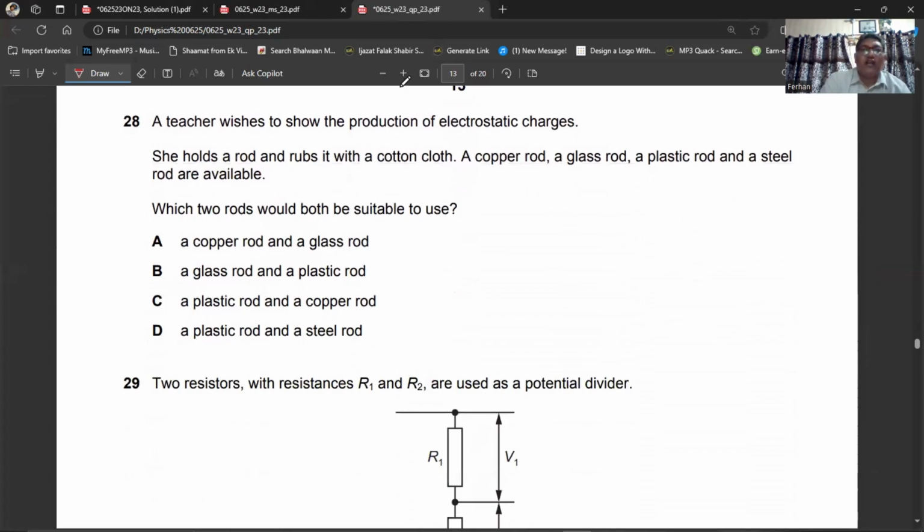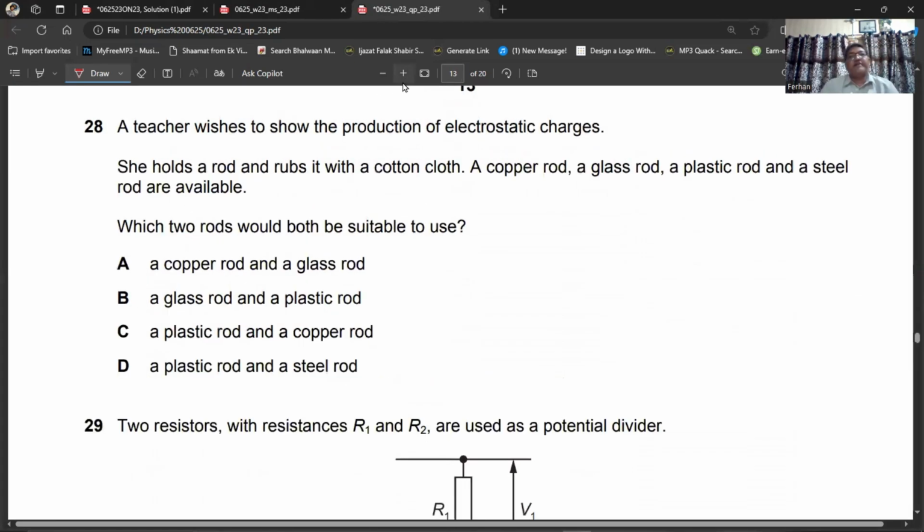Now on your screen, question number 28 is showing up. A teacher wishes to show the production of electrostatic charges. She holds a rod and rubs it with a cotton cloth. A copper rod, a glass rod, a plastic rod, and a steel rod are available. Which two rods would both be suitable to use?